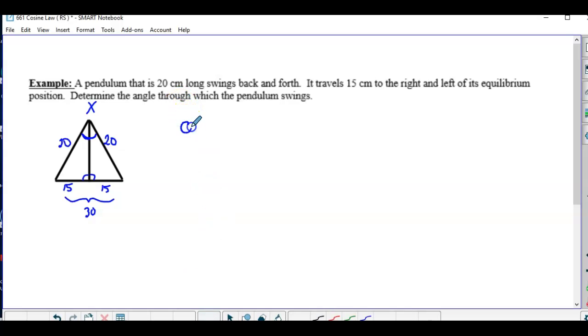So here it's going to be cos of angle capital X equals, so now the adjacent sides, the sides that form that angle, are both 20.